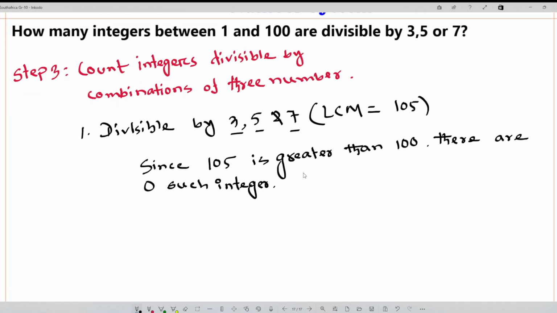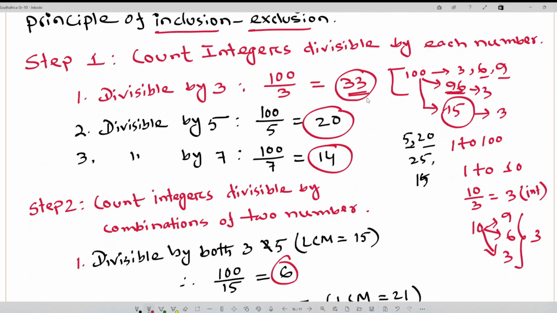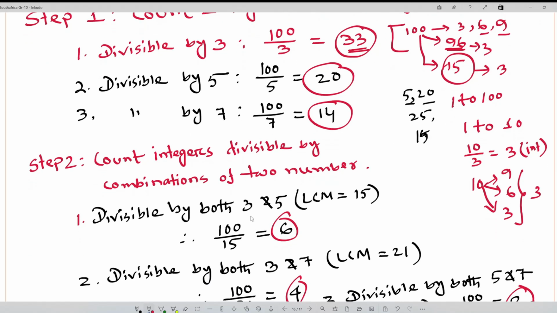Now look, first we said we will follow the method of inclusion and exclusion. Look, once we divided by 3 we get 33, but once we divided by 3 and 5 we get 6. So this 33 and 6 have some overlapping numbers.